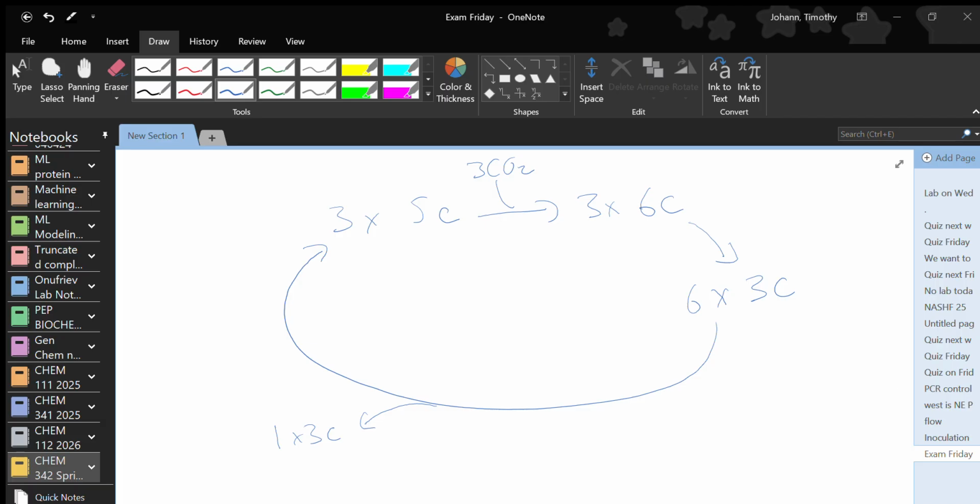You split them in half, you pull 1 off, and you regenerate your 3 5-carbon molecules, and then you do it again. So that, in general, is what the Calvin cycle does, and you should know that. You don't so much need to tell me that Rubisco is important for this, but you need to know things about Rubisco.